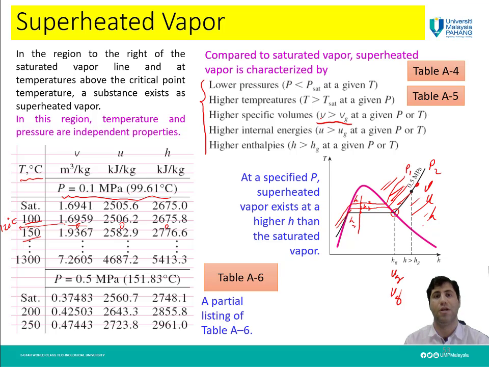However, this method is used in other branches of science, and it is very useful for finding properties in the thermodynamics property tables as well. So let's see in this video how we can use this interpolation method.